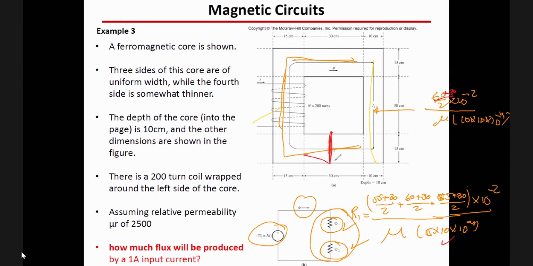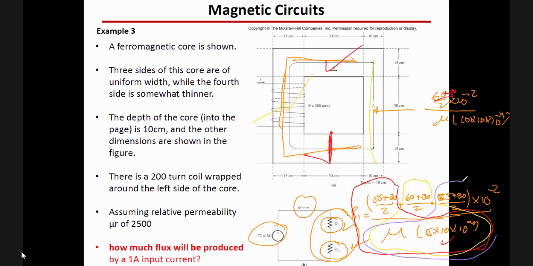Since there is only one area, this represents the same area. Remember, this one was like the previous one, and this one also, and this one as well. So this is how we add the reluctances together.